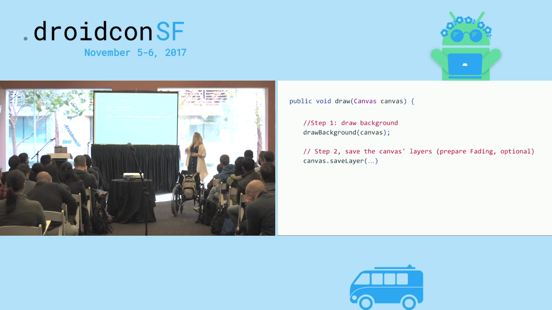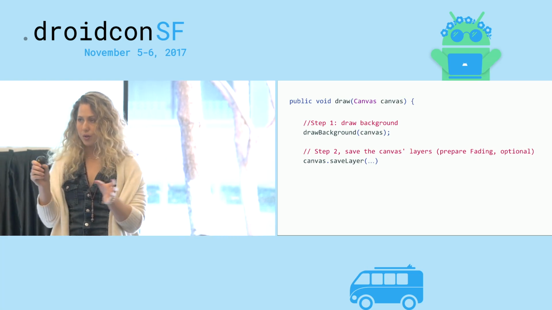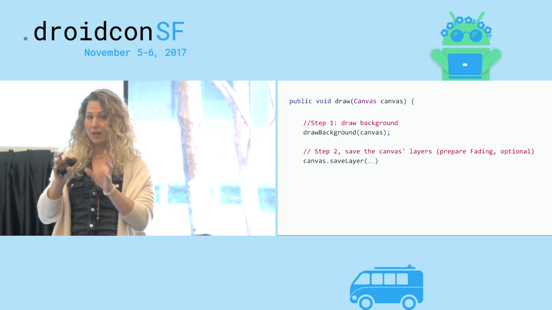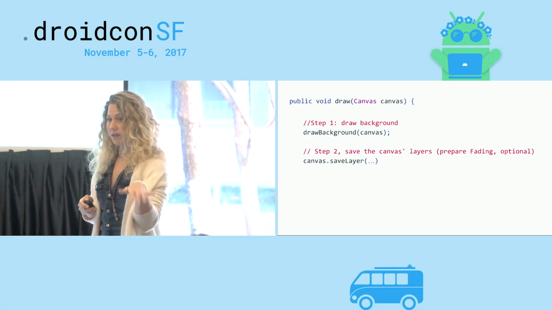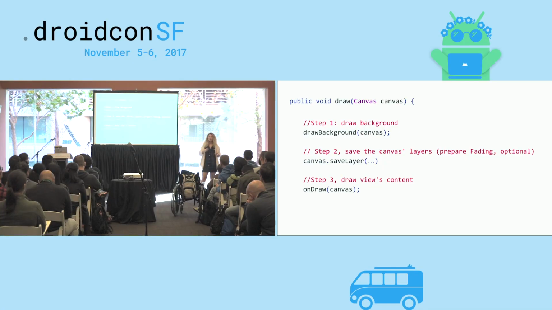It's if we want to later have some fading, like some shadows and stuff like that on the view. So we first need to save the layers, meaning save the state of the view right now, what we've drawn so far. Then we're going to do onDraw.